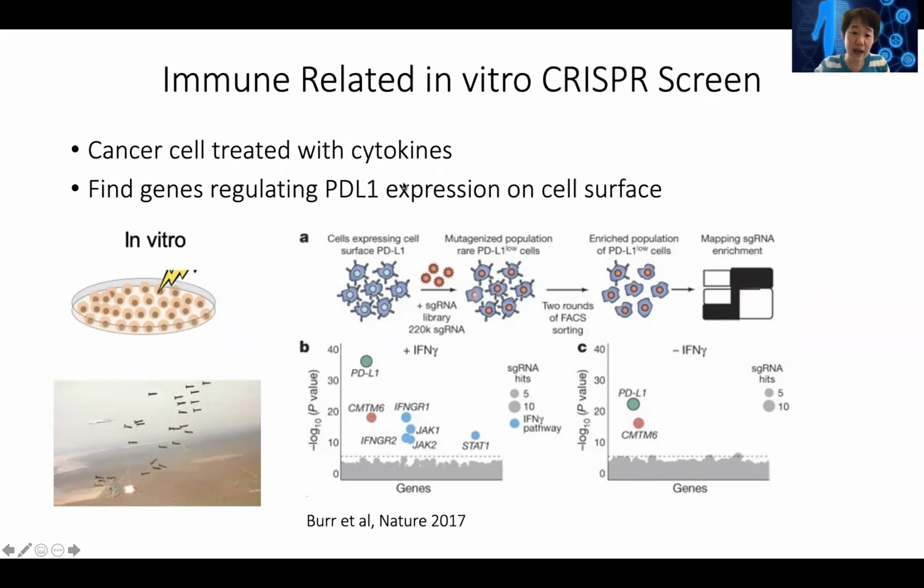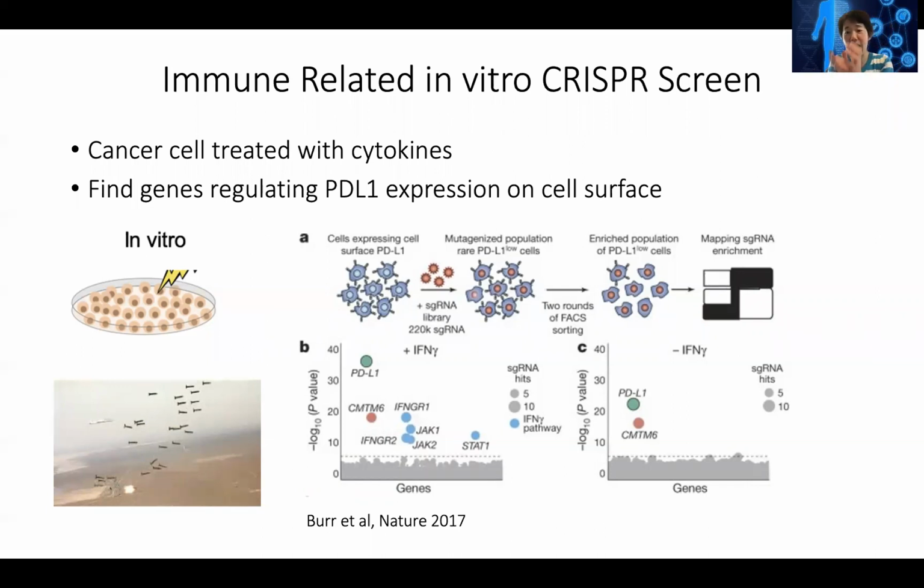So in this case, the cancer cells with interferon treatment will have PD-L1 expression, but depending on what gene is being knocked out, the scientists can sort the cells with those that have high PD-L1 expression versus a low PD-L1 expression, and use these two as treatment and control rather than day zero and the drug treatment.